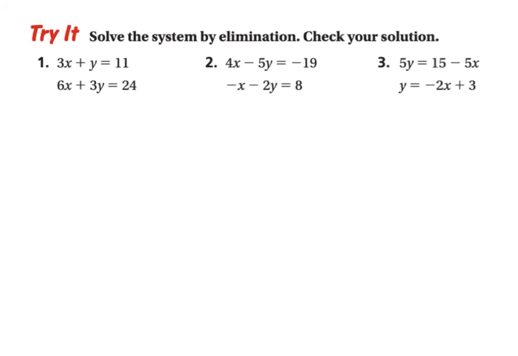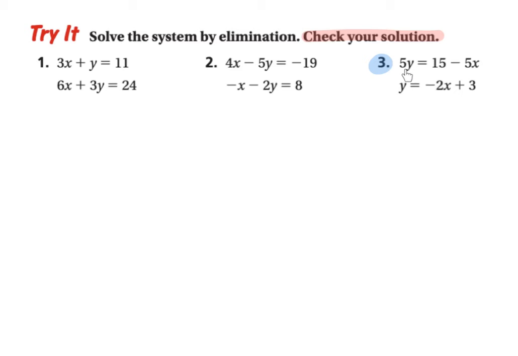So here are 3 questions for you to try out on your own. For each of these, we're going to have to multiply one of the equations so that the coefficients of the variable are the same. And we do want to check our solutions. We can check our solutions by going on Desmos and seeing if we got that correct. What I do want you to keep an eye out on is number 3 here, because remember in our first video I mentioned how we need things to line up.